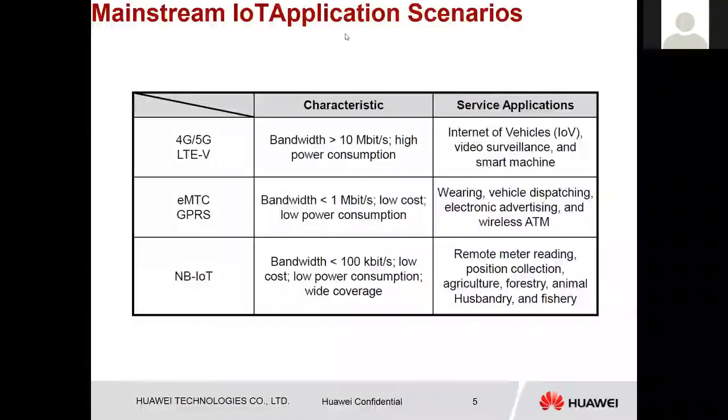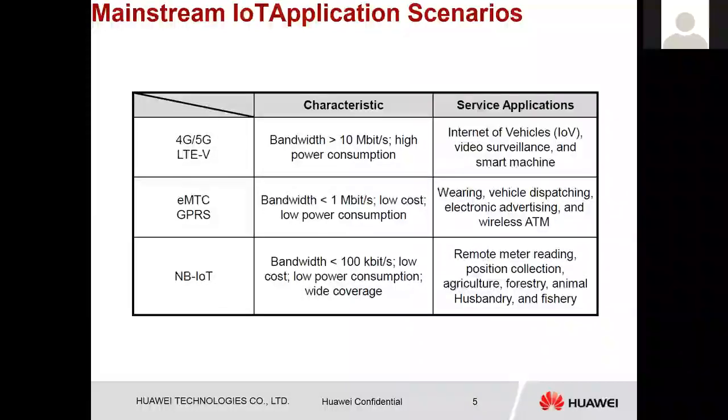The first is the 4G/5G domain. Its characteristics are that the bandwidth is very big, more than 10 Mbps, and the power consumption is high. Actually, we use this technology in our smart city, for cameras, especially for video and audio services, because video and audio request much higher bandwidth.